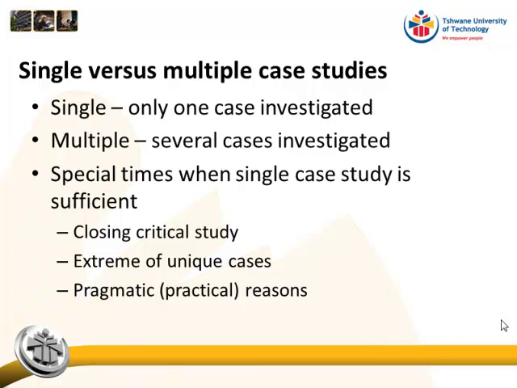And then the other thing is that it's also for pragmatic reasons. Now, pragmatic just means practical. Right. So, for example, when I did my PhD, there were probably a lot of other renewable energy projects that were going on at the same time that I could have investigated.